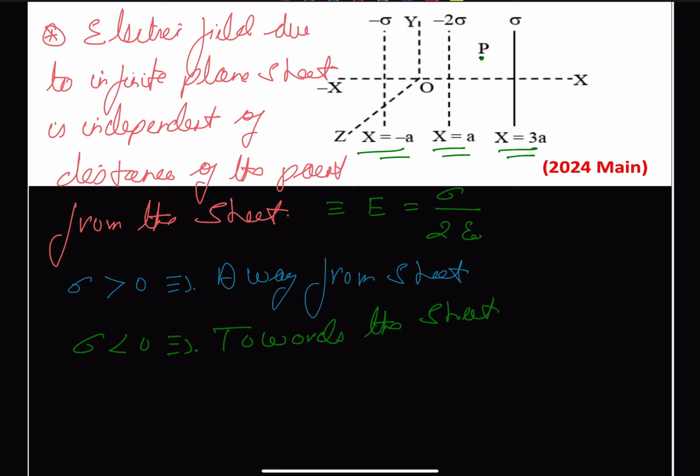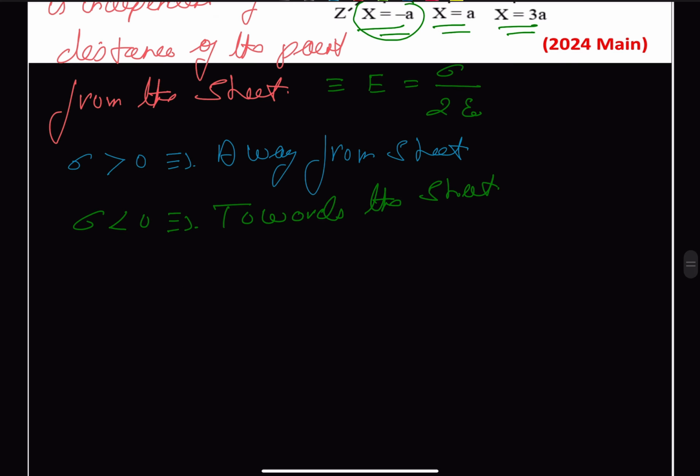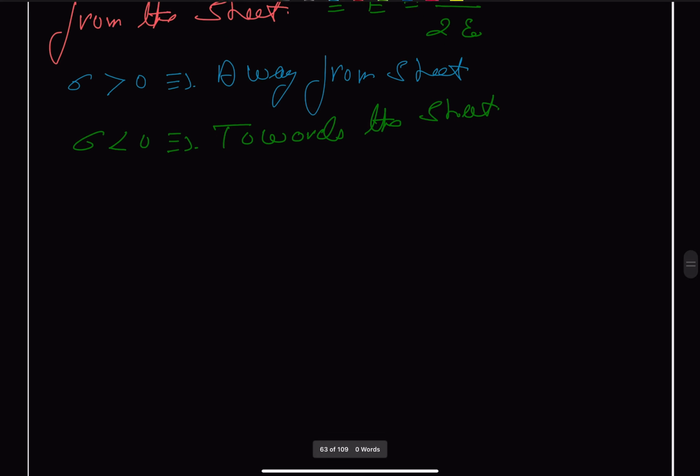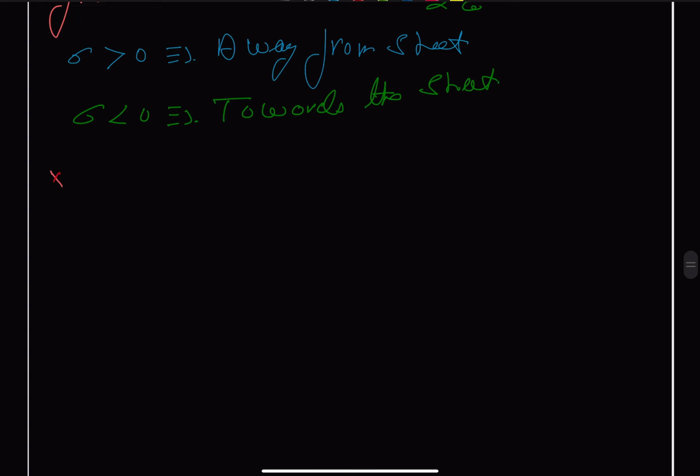So first, let us suppose at x equal to -a, let us call this sheet 1, this is our sheet 2, and this is our sheet 3. So you can say for sheet 1, which is our S1, in this case our x is equal to -a, and sigma is given as minus sigma, and point P is to the right of the sheet.